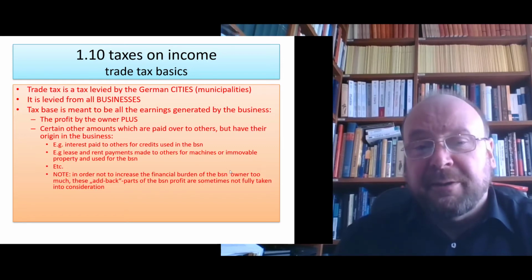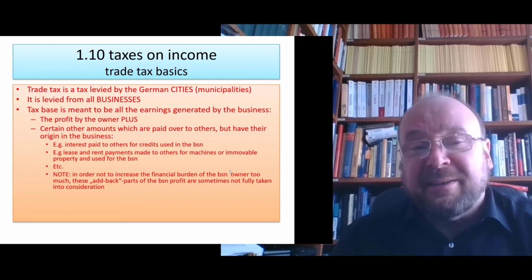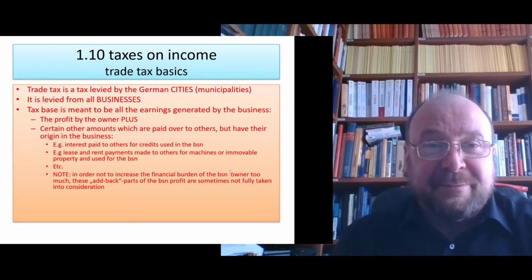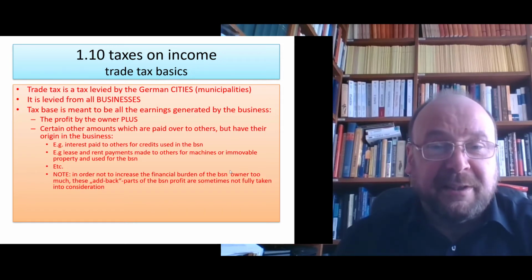For example, the owner of a small business would no longer finance his business by equity, but borrow the money from his wife or husband, pay interest to wife and husband, and the trick would be the interest is for the recipient not business income. And so you would be out of trade tax liability for a huge amount of your earnings.